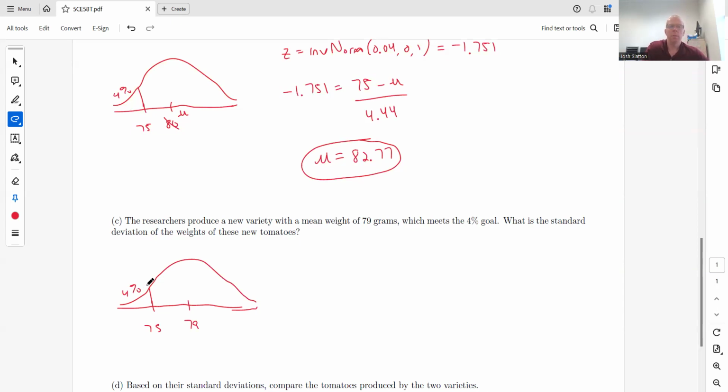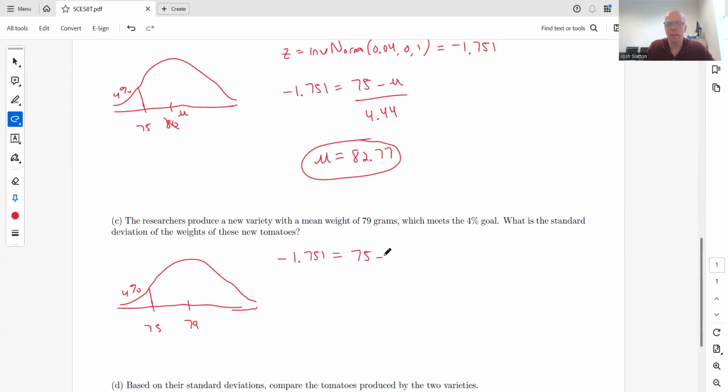We know that the z-score such that 4% or below is under that data point is negative 1.751. That's what we did in part B, so it's the same thing. You can do the inverse norm, you get the same thing, obviously. And now we're looking for the standard deviation.